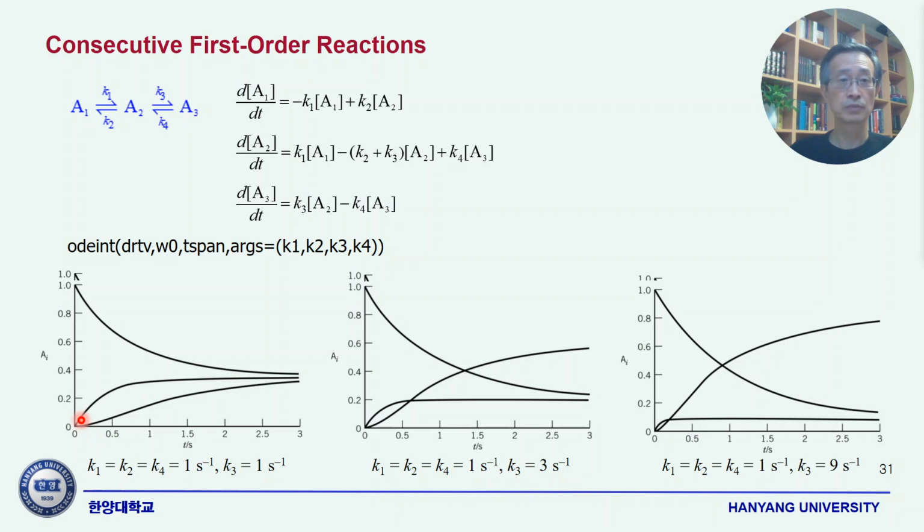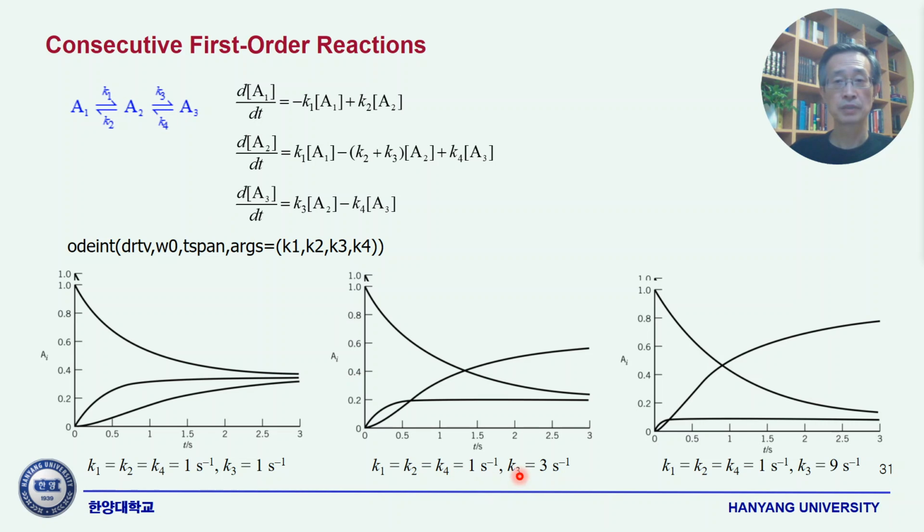a1 just reduces and a3 increases, and also a2 is accumulating somewhat because there is a reverse reaction.